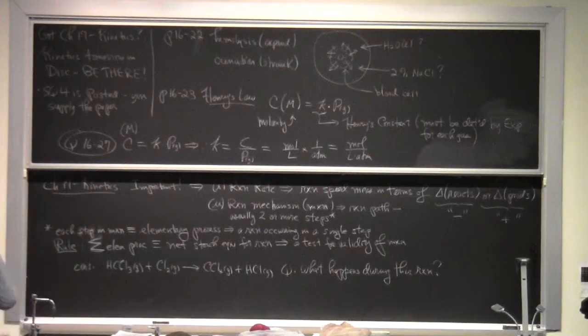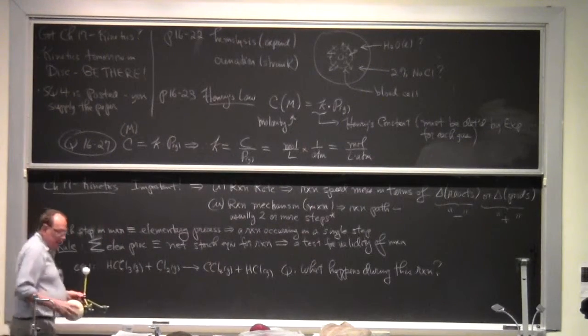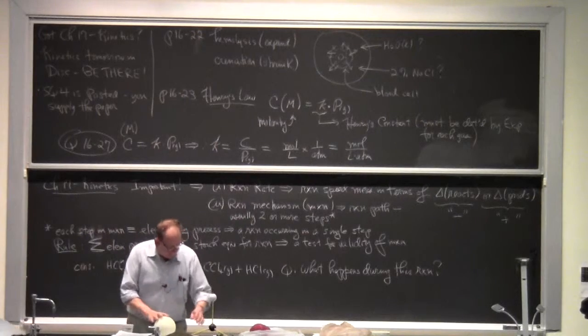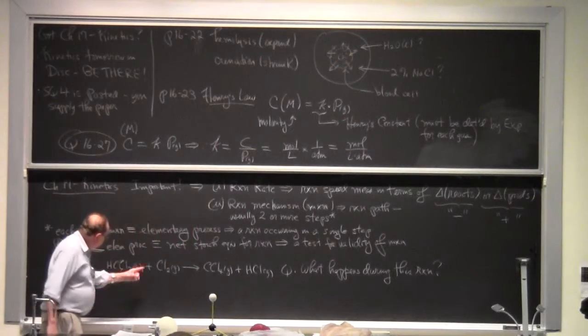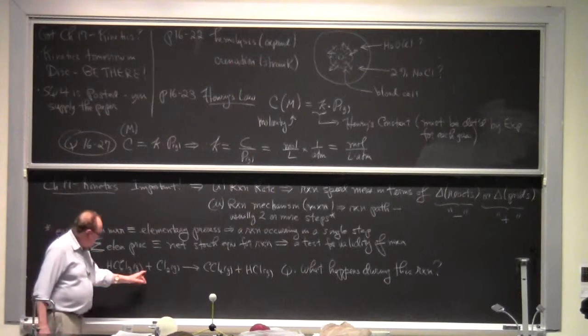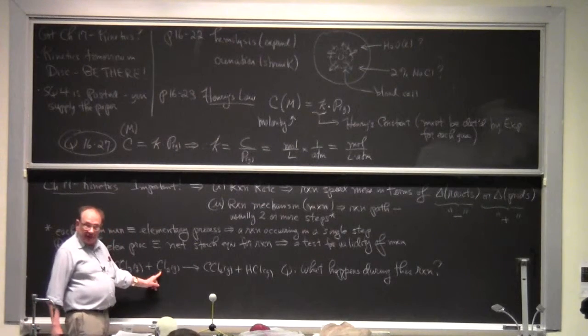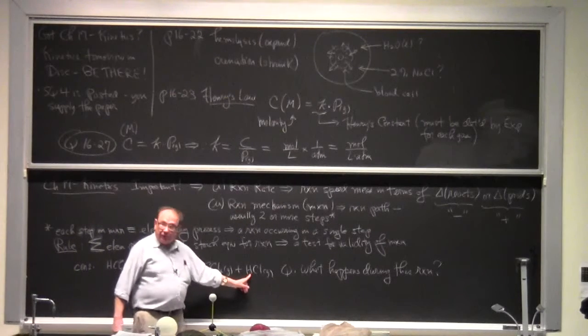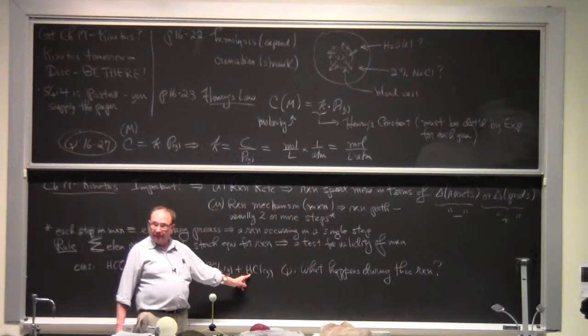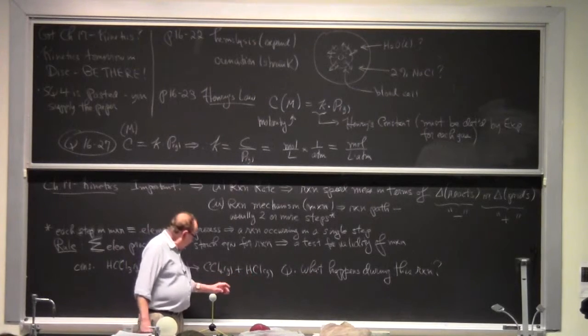You can draw a picture on your paper. Do that for yourself. Now then, we recognize that as this proceeds, a carbon-hydrogen bond has to break, a chlorine-chlorine bond has to break, and a carbon-chlorine bond has to make, and a hydrogen-chlorine bond has to make.